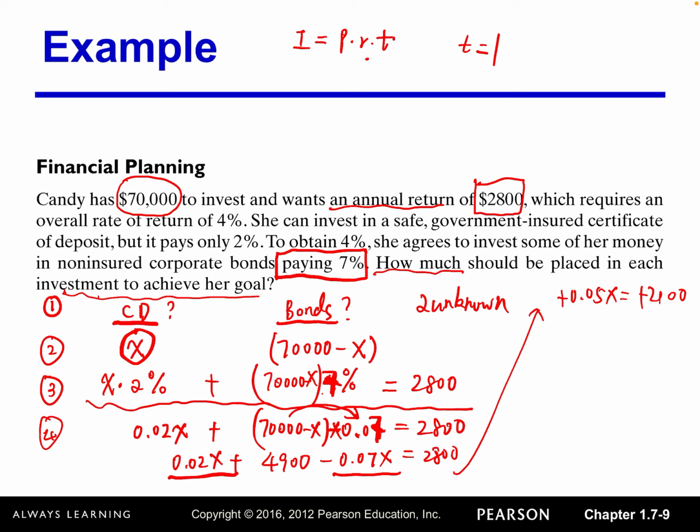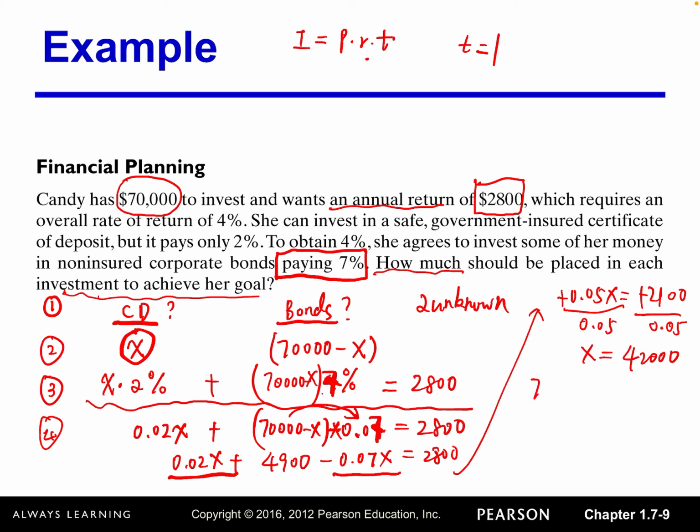The negative sign cancels out, and then both sides are divided by 0.05. So we can solve x equals, use your calculator, 42,000. So x represents how much money is invested in the CD.